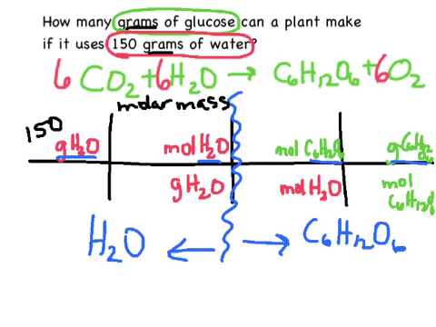Periodic table. Okay, so the molar mass of H2O: we have an oxygen, 16, and 2 hydrogens, which is 2. 16 plus 2 is 18. Now, is it 18 moles in a gram, or 18 grams in a mole? That's right. It's always grams in 1 mole. There you go, molar mass.